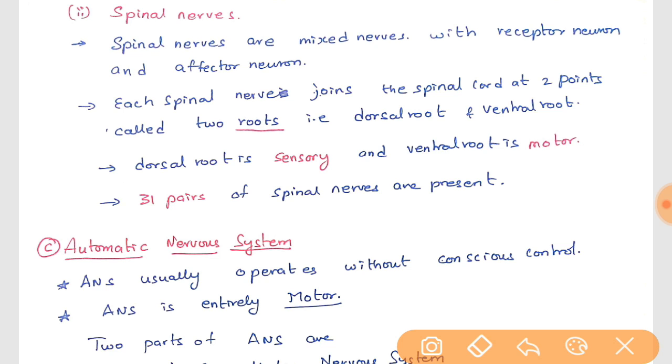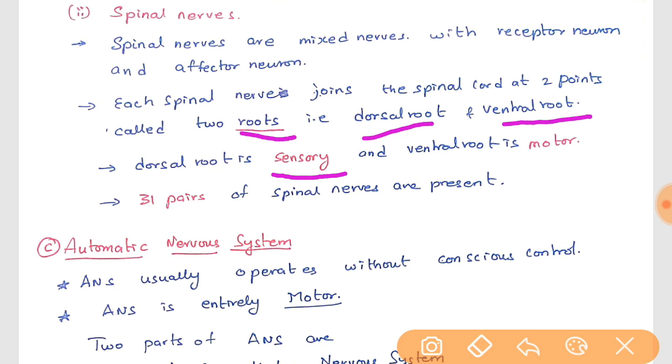They are also effector nerves. Each spinal nerve joins the spinal cord at two points called roots, friends. That is, a spinal nerve is connected on two sides of the spinal cord. One is the dorsal root, through which it senses the status, friends.